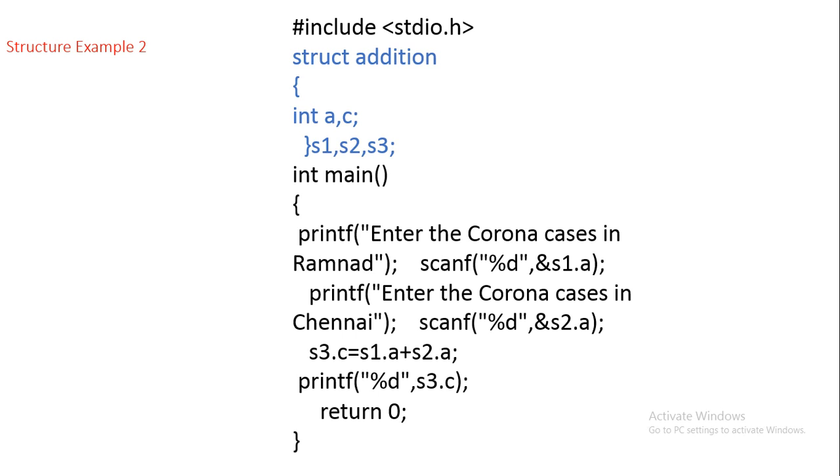So s1.a and s2.a: we are accessing one single variable using two different objects. It is possible in a structure, and the other operations are the same. This is the second example I have given here.